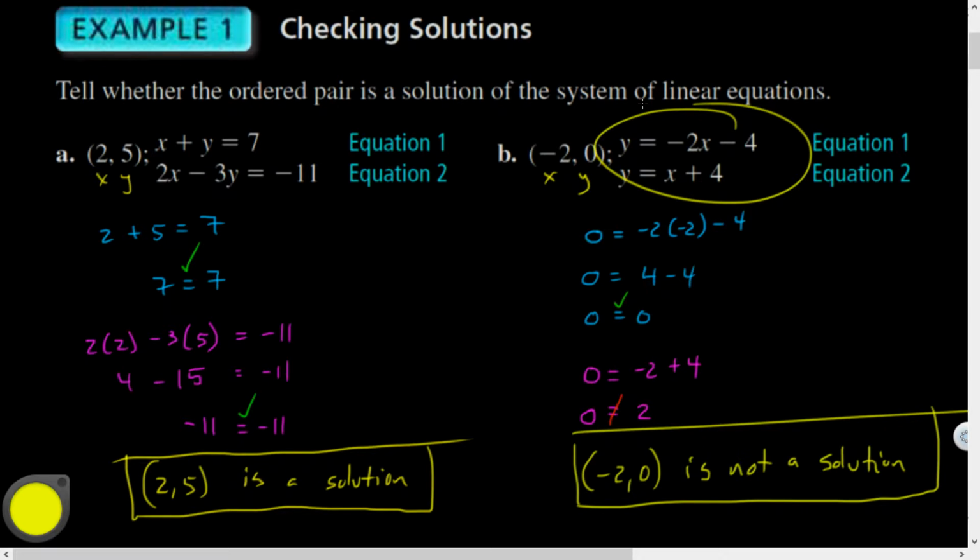How could I discover the one thing that's going to make everybody happy when it comes to those equations? That's going to be the theme of this entire chapter: how do I find solutions to systems? How do I find a point that makes multiple equations true all at the same time?